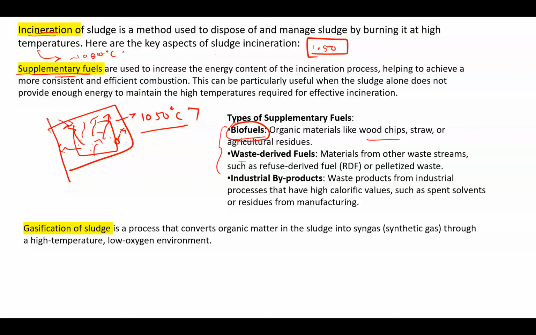It is very simple: if you have a diaper and you heat it, it may burn a little bit, but it doesn't burn that efficiently. But if you put some wood or paper on it and burn it again, it will burn more efficiently than the first case. So that is what happens in the supplementary fuel addition into the sludge system.